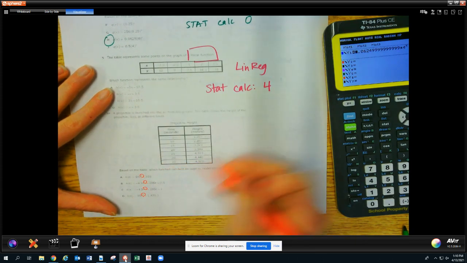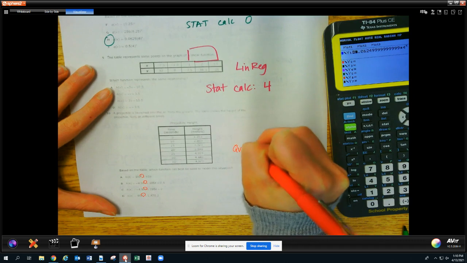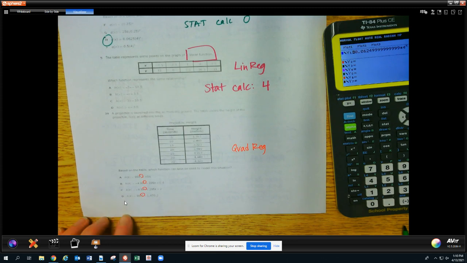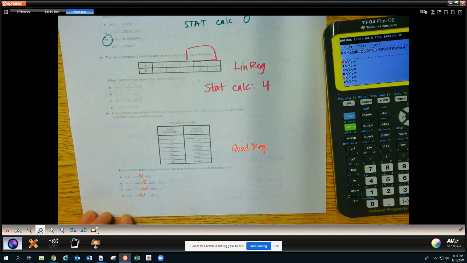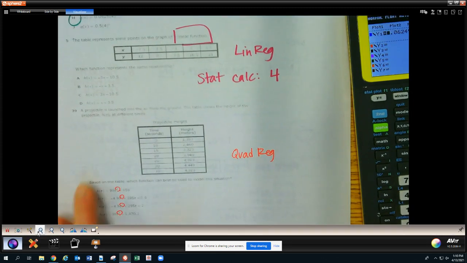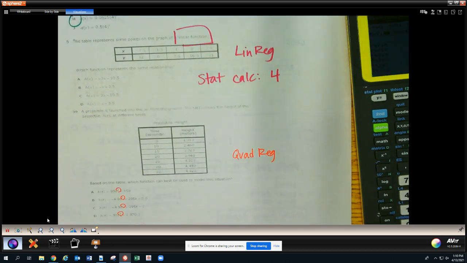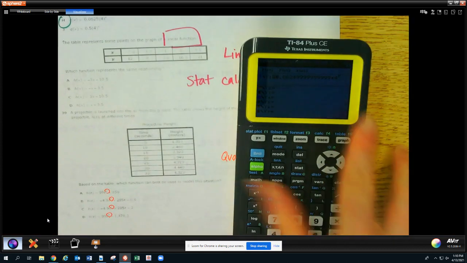And so that tells me I want to use quadreg. Okay, I hope that these copies turned out better. I'm going to zoom in so you can see the choices better. All of these are quadratic choices, and so that's how I know to use quadreg. Okay, so I'm going to do this example. I'm going to leave this one for you to do.